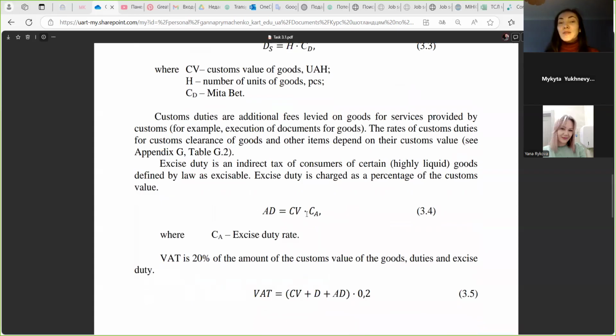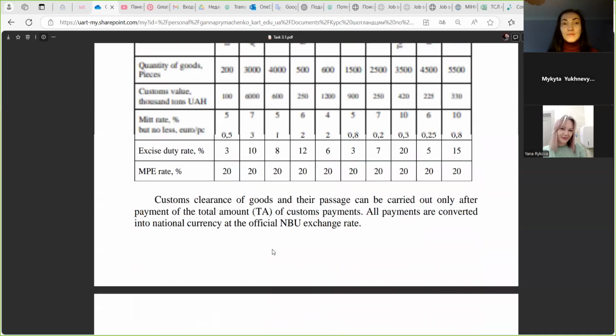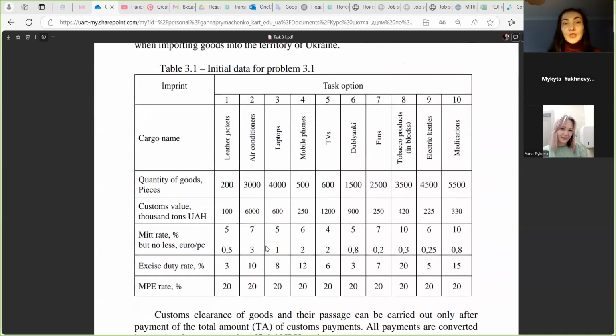AG, it is excise duty, is equal to our CV we used in hryvnias, the same parameter CV which we used before, multiplied by the excise duty rate. Excise duty rate we find in our table 3.1. It is the second line from the end.